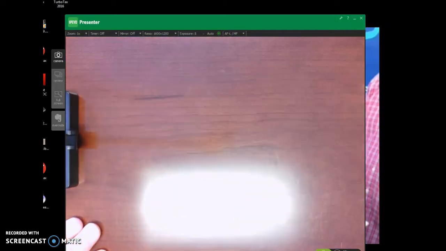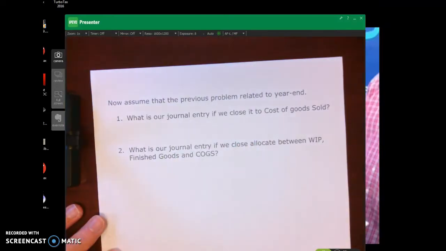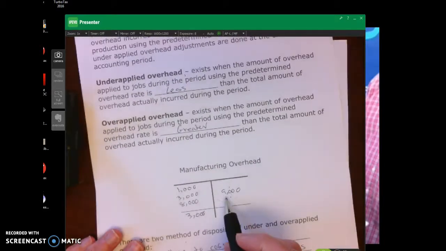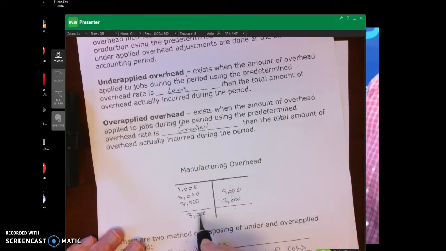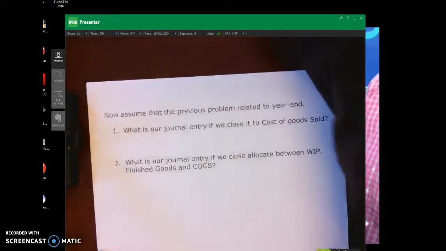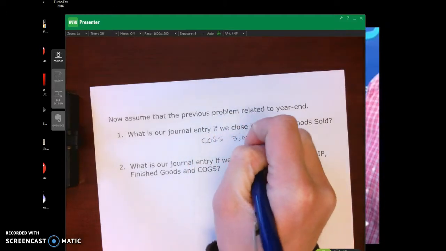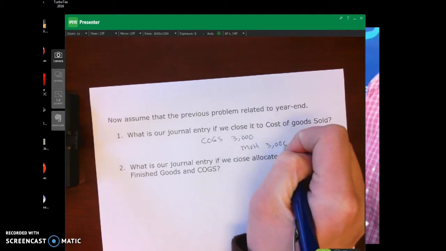So if we look on page 27, what's our journal entry if we close it out to cost of goods sold? Well, if I put $3,000 here, then 12 minus 12 is 0. So I'm going to debit cost of goods sold for $3,000, and I will credit manufacturing overhead for $3,000.